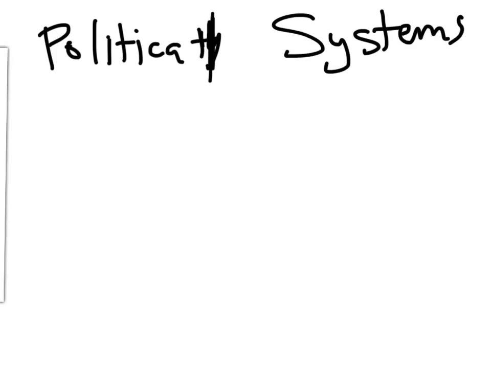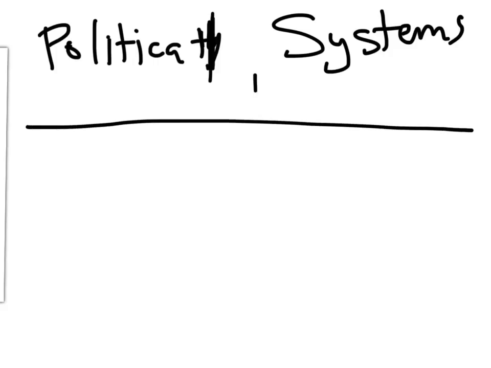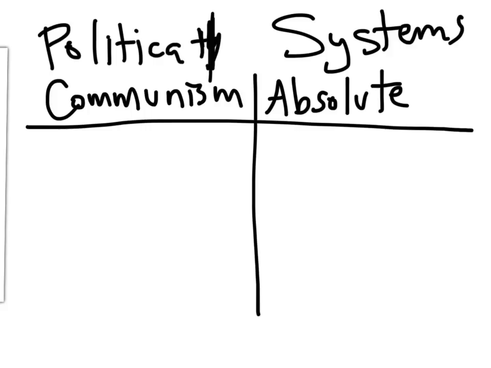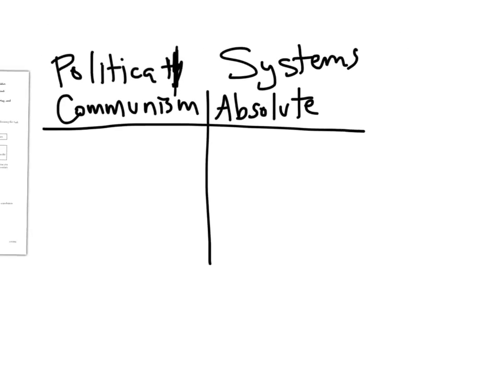And now we need to create a little T-chart because we know we need to select two different political systems. Let's do communism. And let's do absolute monarchy. All right, so on your paper, you should have your T-chart split up like this. And now what's next?